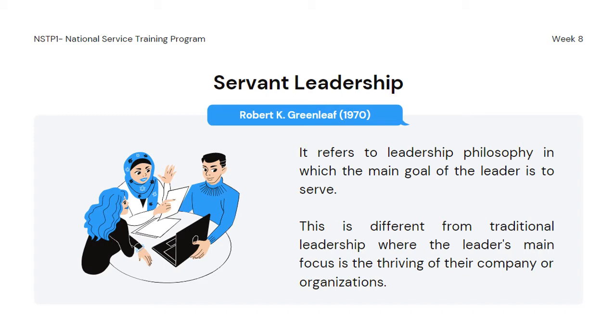They are at the top, and then the leader is at the bottom, in charge of serving the employees or the people above them. So this is what servant leadership is all about.